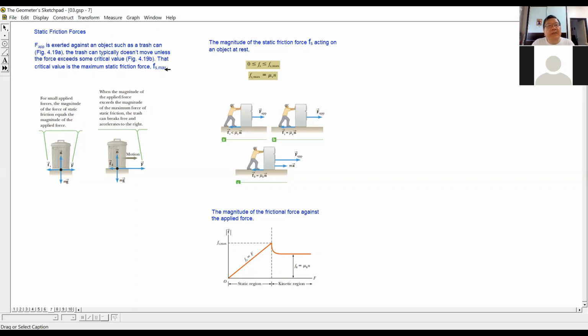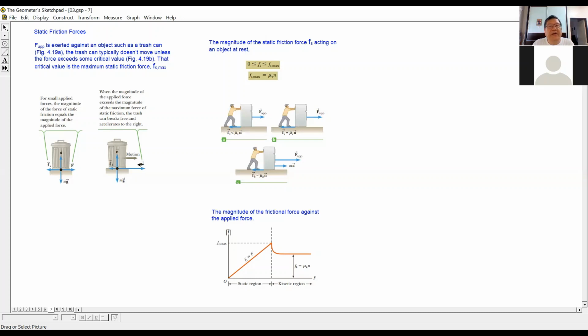If you don't put the max there, that means it has not reached the critical value yet. It is not about to move. Then the second diagram, when the magnitude of the applied force exceeds the magnitude of the maximum force of static friction, the trash can breaks free and accelerates to the right.